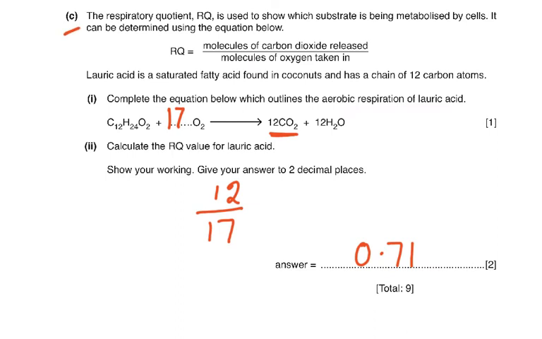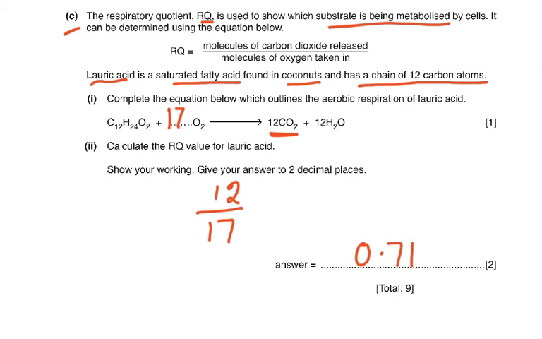The C part of the question says the respiratory quotient, RQ, is used to show which substrate is being metabolized by cells. It can be calculated by the equation below, molecules of CO2 over molecules of oxygen. Lauric acid is a saturated fatty acid found in coconuts and has a chain of 12 carbon atoms. Complete the equation below. So you have to balance the equation.